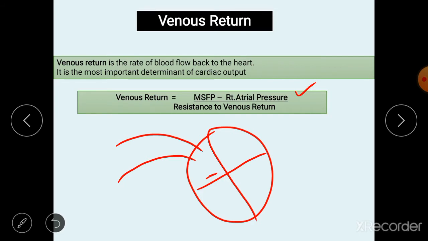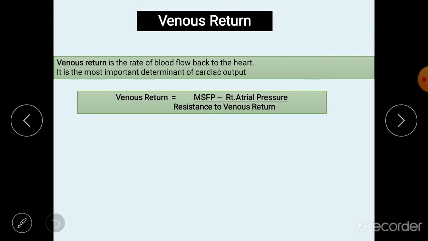If the pressure in this right atrium is very high, of course the blood which is trying to enter the right atrium would have to face higher amounts of pressure, and the venous return would decrease. Secondly, we have a denominator over here, which is the resistance to venous return. It is also inversely proportional to venous return. If there are obstructions, or if there is a high resistance, the venous return would decrease.